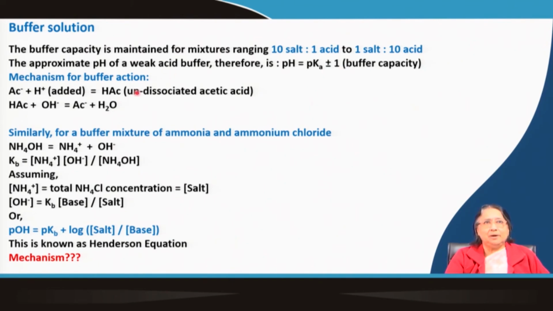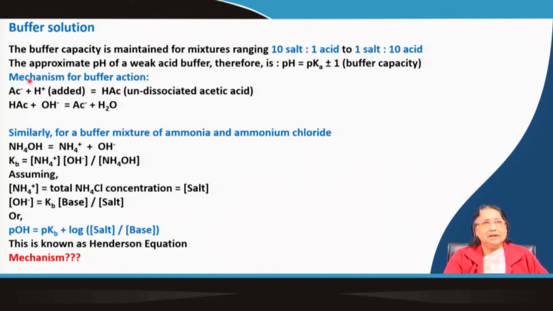So, mechanism of buffer action. I have already told you that in the acidic buffer, acetate ion is there. So, when you add the H plus ion, it will immediately combine with acetate ion to form the undissociated HAc molecule. If you add a little amount of alkali, then it will react with the HAc to form the acetate ion and water.